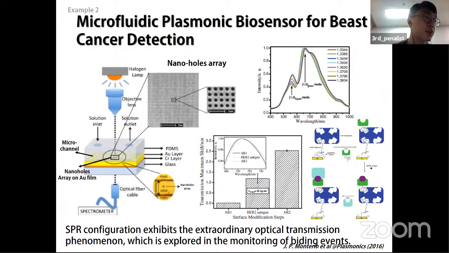In this work, the paper proposed a plasmonic biosensor based on a nanohole array built on gold film operating in collinear transmission mode, using spectral investigation for signal transduction. And breast cancer was detected using the integrated device at a concentration of 30 nanogram per milliliter.